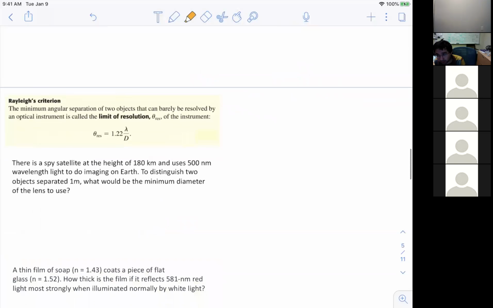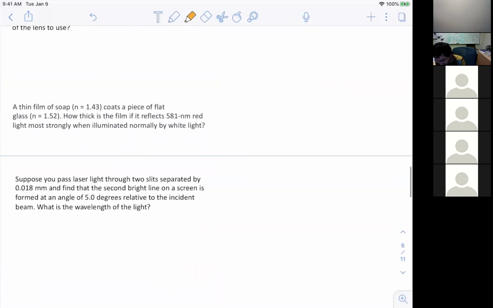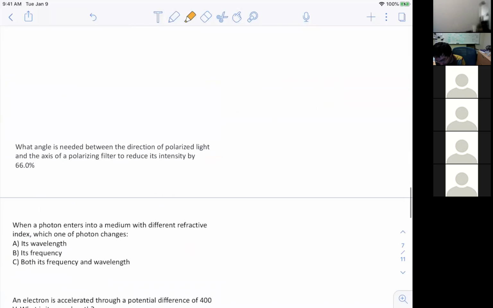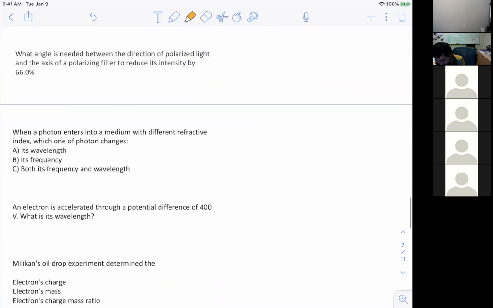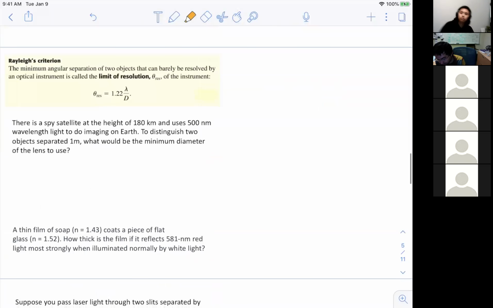In chapter 27, we talk about diffraction. We have 4 questions from chapter 27. The first question is about a spy satellite at a height of 180 kilometers that uses 500 nanometer light. So it's the Rayleigh criterion to find the resolution.